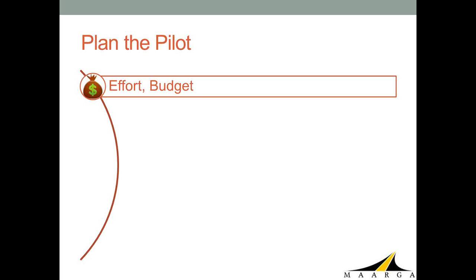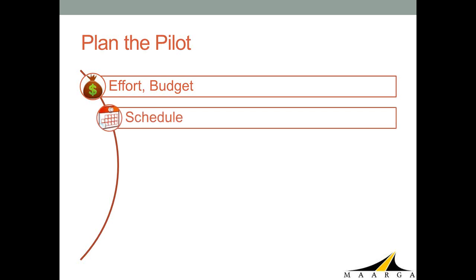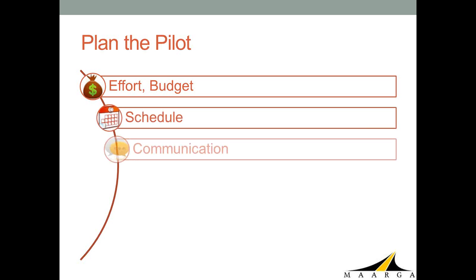It's about getting the plans approved, which covers the effort and the budget involved in rolling out the pilot, and the schedule for the pilot, everything from development to rollout to user training. And communication, and there's a separate slide on communication, because it's at the core of getting it to be a success.